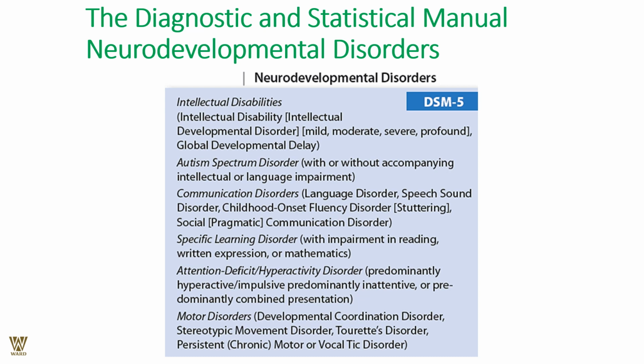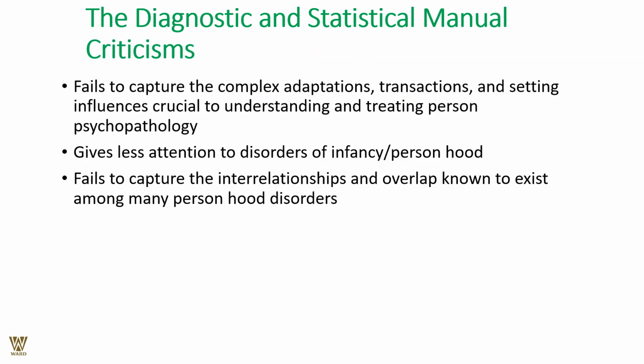Specific learning disorder with impairment in reading, writing, dyslexia, mathematics, you name it, we have it. We have attention deficit, predominantly hyperactive or impulsive, predominantly inattentive, predominantly combined presentation. Then we have something called motor disorders, developmental coordination disorder, stereotypic movement disorder, Tourette's disorders, and so on and so forth.